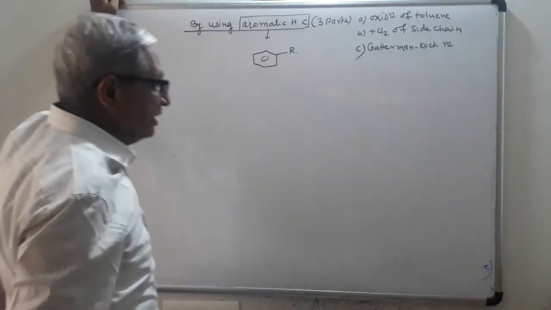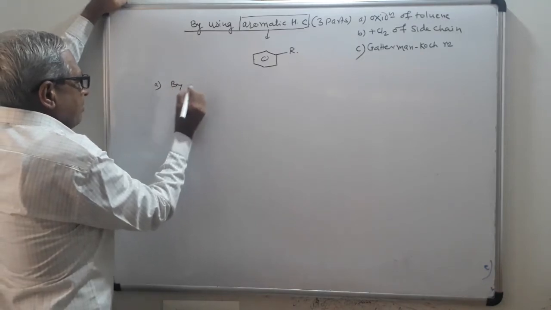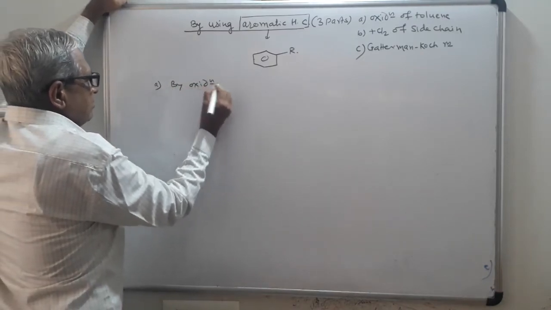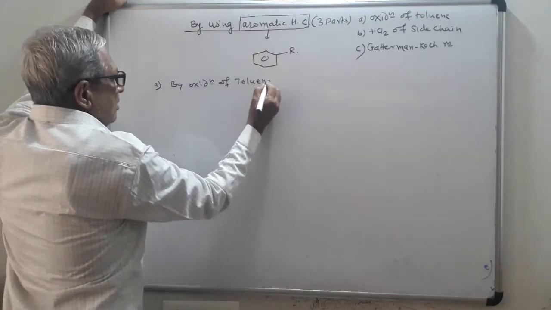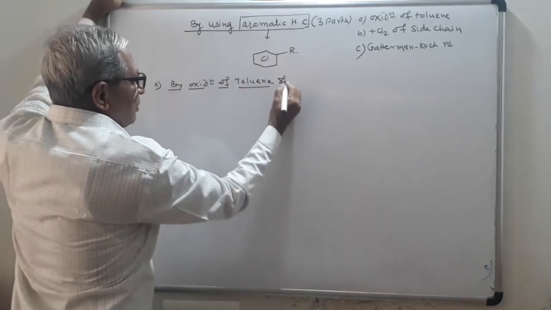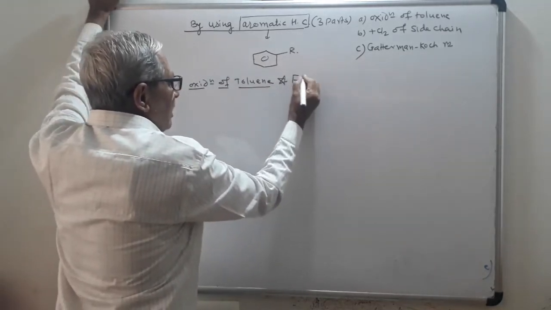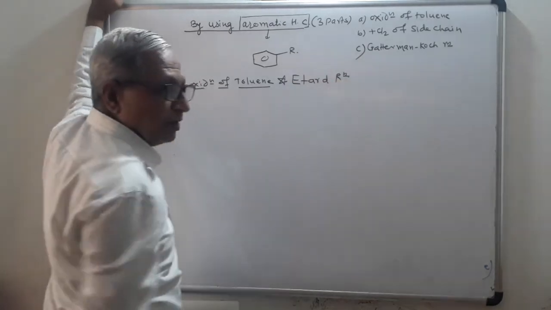A, by oxidation of toluene. The first question: this reaction is known as Etard reaction. This is the important point here.